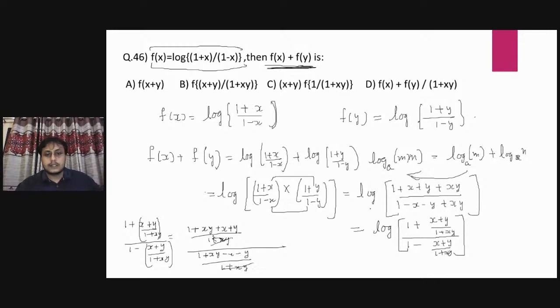This 1 plus xy cancels out. This is the same as 1 plus xy plus x plus y upon 1 plus xy minus x minus y, right? So we can write this one as this.